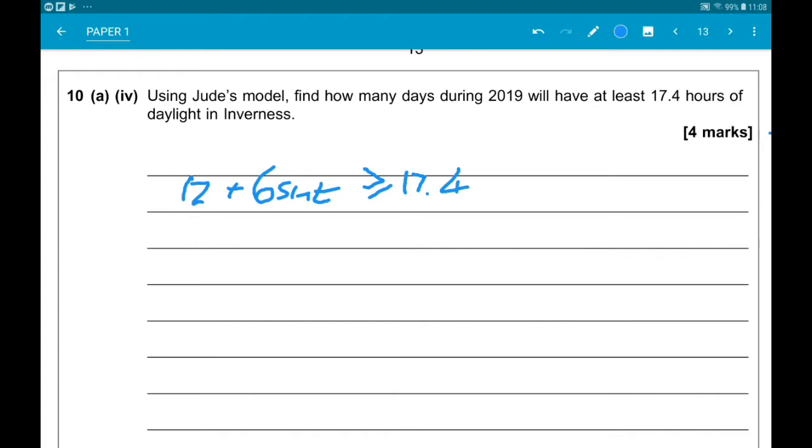So, if we take away 12, 6 sine t is greater than or equal to 5.4. And then divide by 6, sine of t is greater than or equal to 0.9.